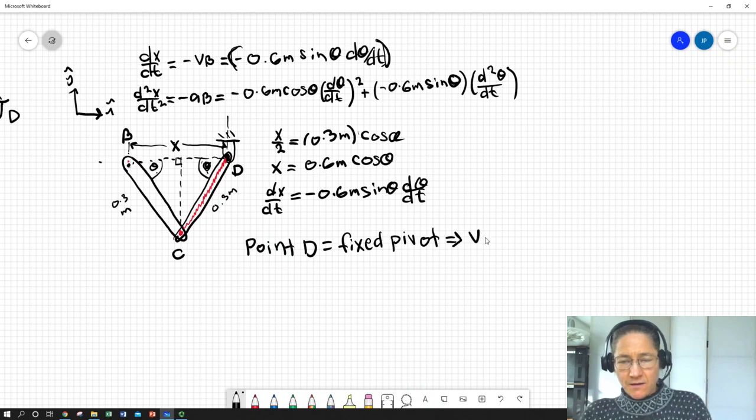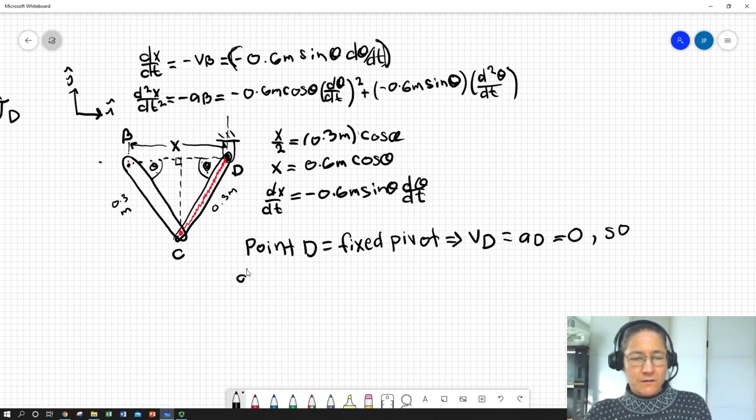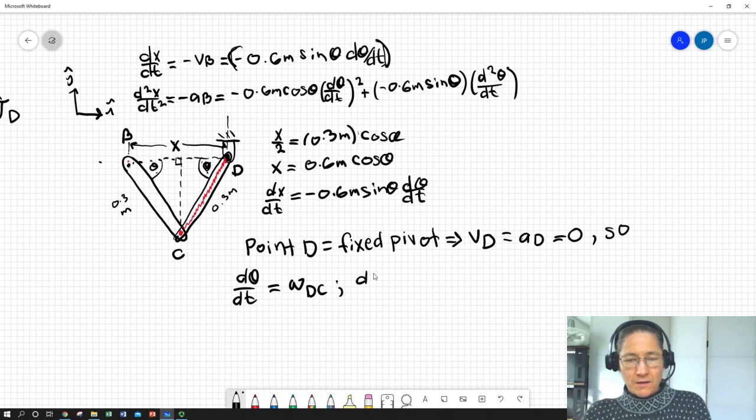So we can say VD equals AD equals 0. So d theta dt equals omega CD and d squared theta dt squared equals alpha CD.